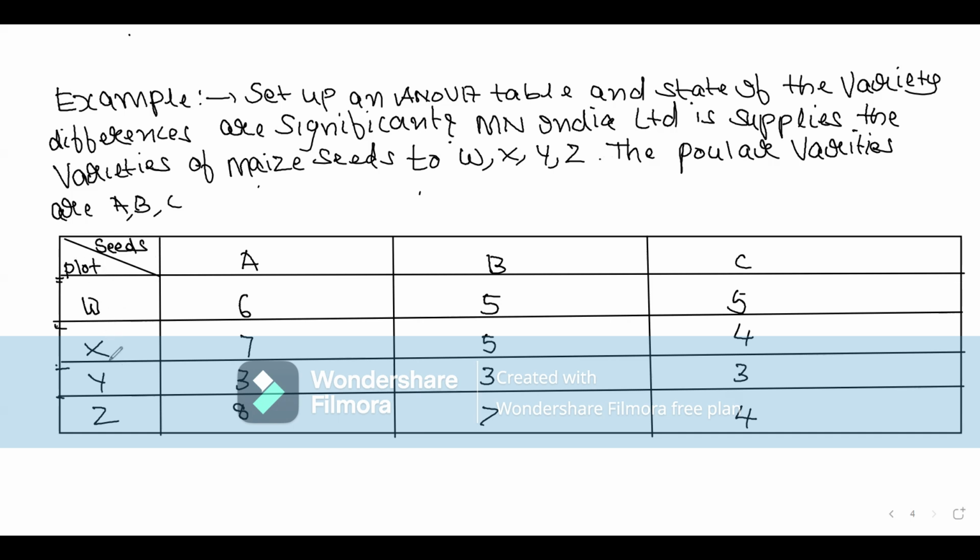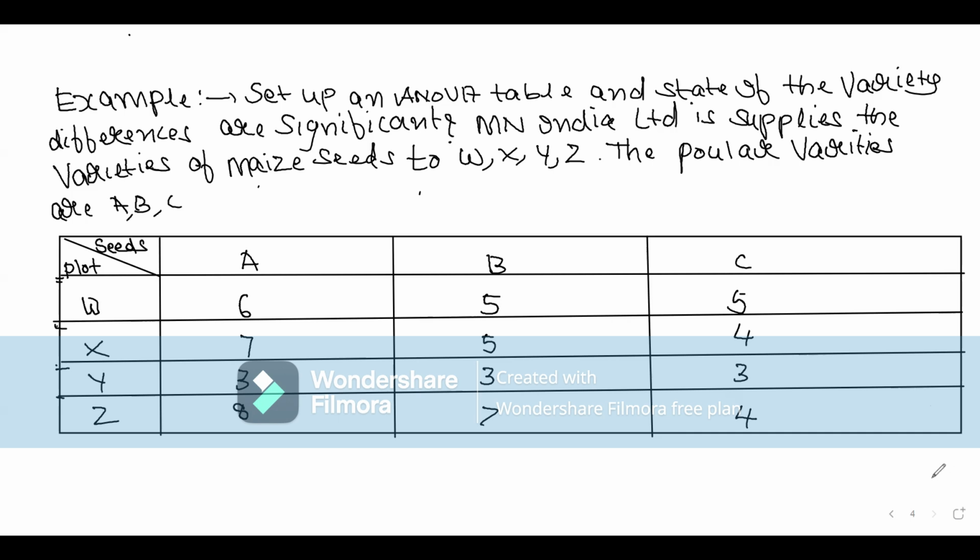These are the plots and these are the seeds. There are three types of seeds, and there are four plots. Their readings are given here: A's readings, B's readings, C's readings. Now, we have to solve this by one-way ANOVA.